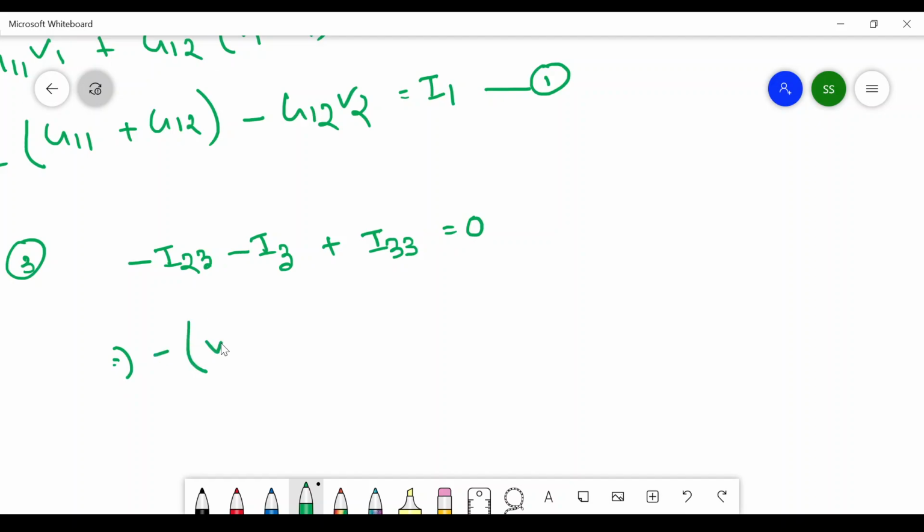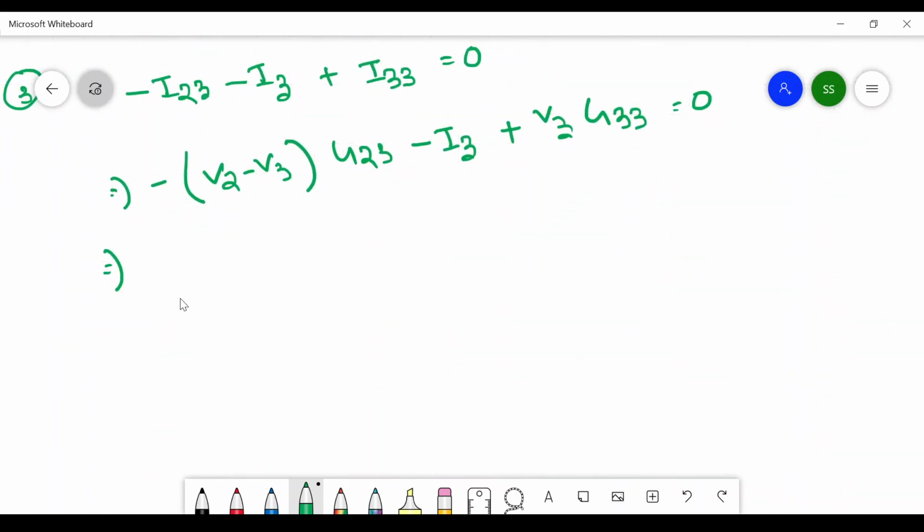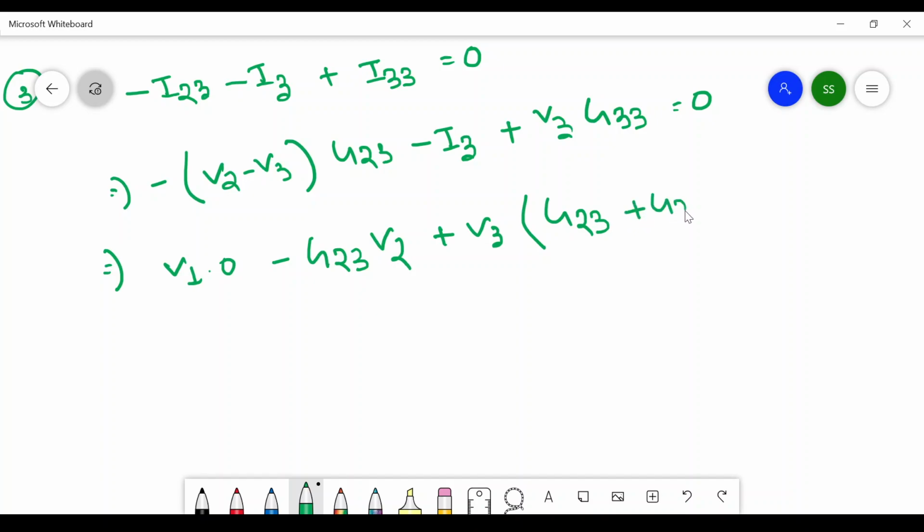Obviously minus I23 will be V2 minus V3 into G23, minus I3 plus V3 into G33 equals 0. Rewriting the equation, there is no term of V1, so I can write V1 into 0, for V2 we can write minus G23 V2, and for V3 we can write G23 plus G33, which is equal to I3. So we get equation number 3.